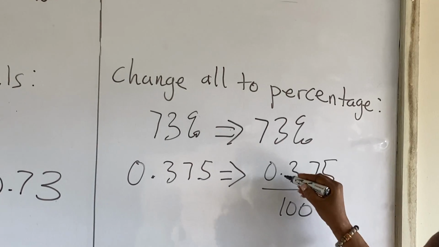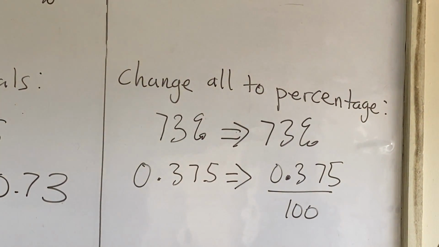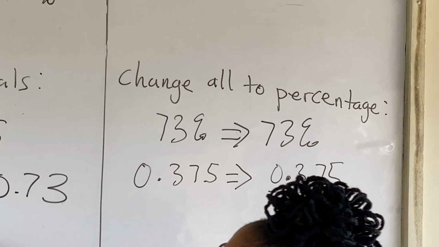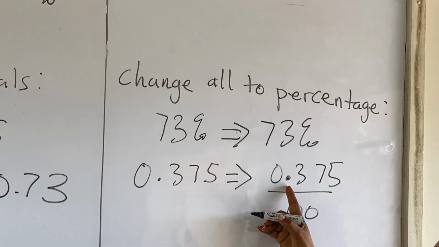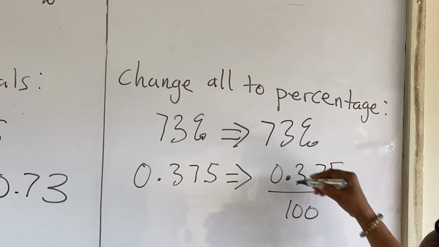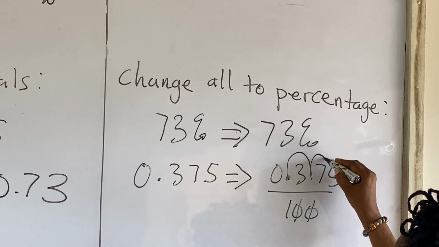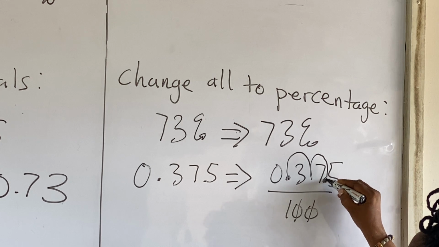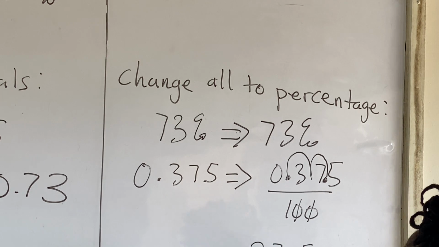Now, because this is in decimals, we are going to move from left to right because of the 2 zeros. Here we move from right to left, but here because we are dealing with decimals, we move from left to right, and because of the 2 zeros, the decimal point will move 2 times and settle here. So we are going to have 37.5%.